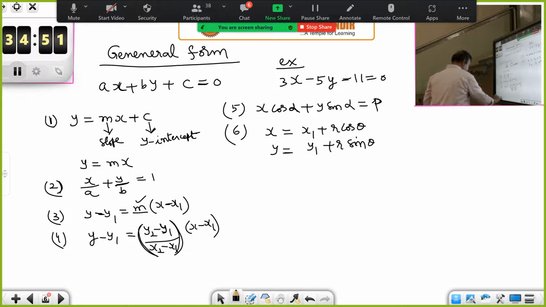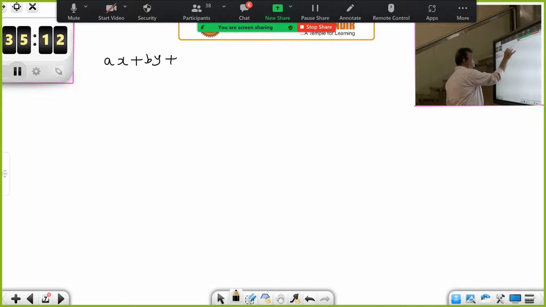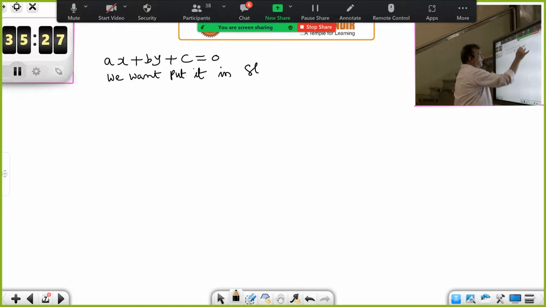Now, conversion of the equations into different forms. So general form is there, ax plus by plus c is equal to 0. We want to put it in slope intercept form.